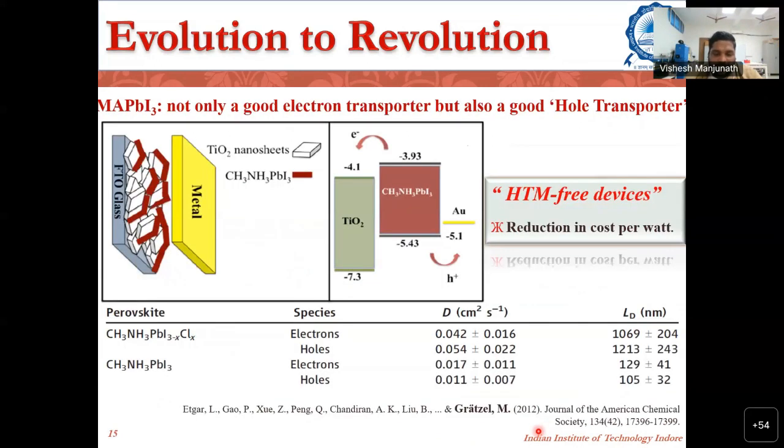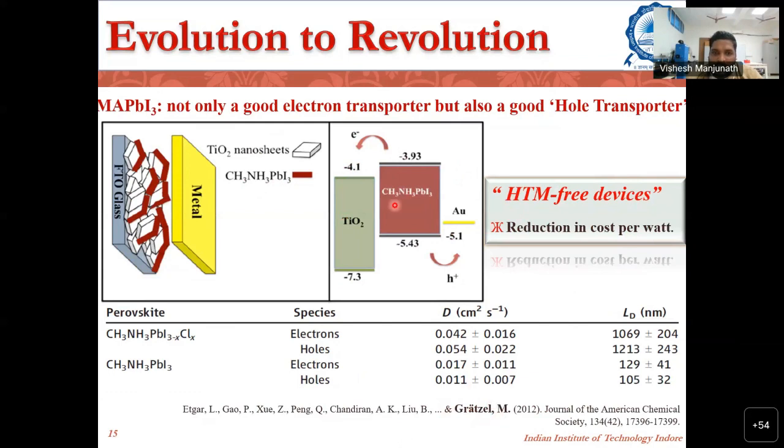Then people came to know that if perovskite can transport electrons on its own, can it transport holes also? So people started using it without HTL. The problem was whether we should use liquid electrolyte or solid electrolyte, and this paper again from Grätzel told us not to use anything, perovskite will work even then.